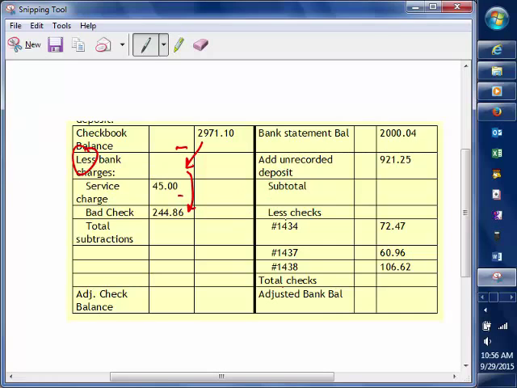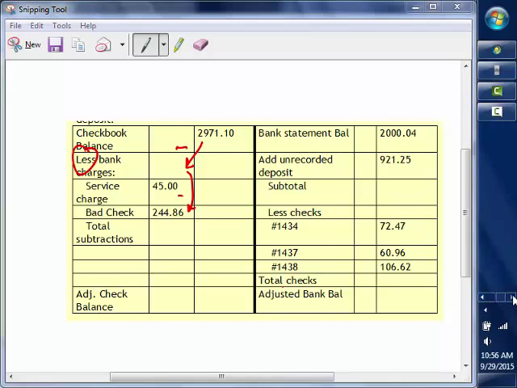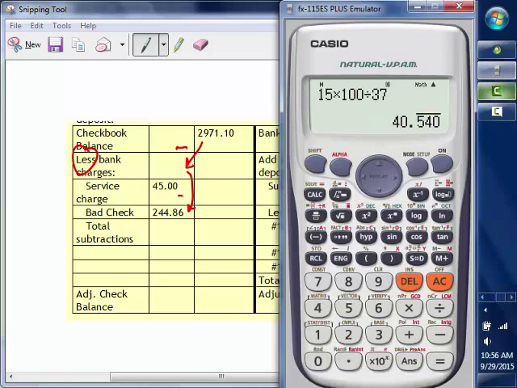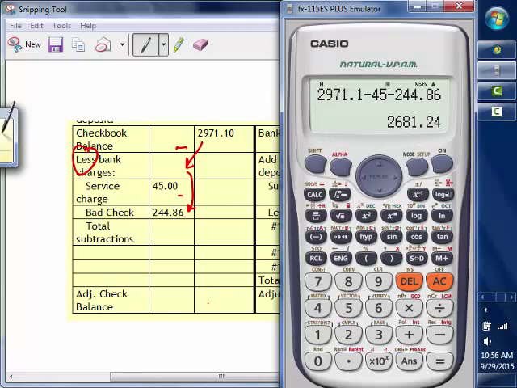Okay, so we get 2971.10 minus 45 minus 244.86, and we get 2681.24.